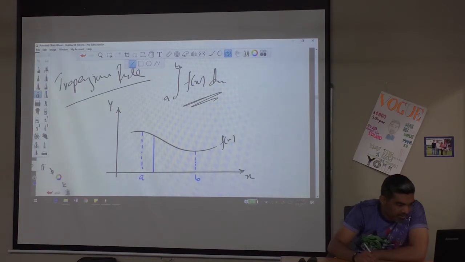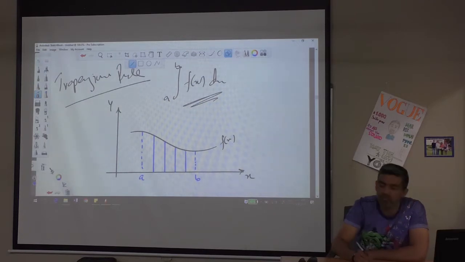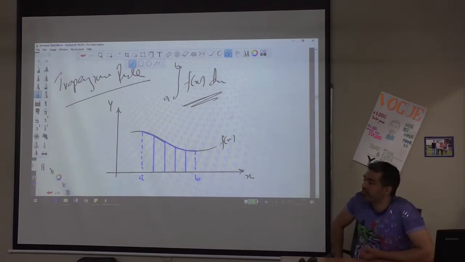So let's say I managed to break it into 1, 2, 3, 4, 5 strips. Each strip then becomes a trapezium. Each strip is a trapezium.